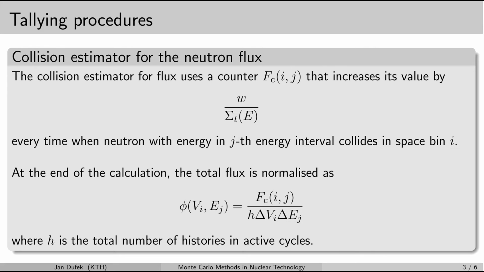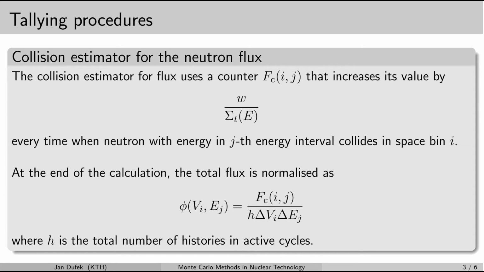You remember that the inactive cycles are only used for the converging of the neutron flux. So once those are over, we start to simulate the active cycles and we start to evaluate all the results.